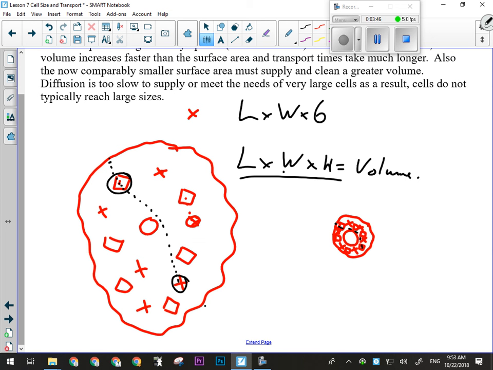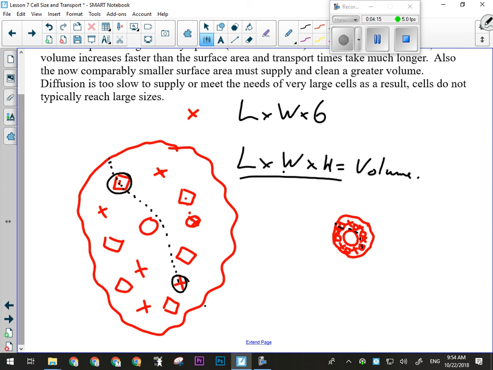If I make something bigger, I only have to multiply essentially two numbers that are bigger. It'll still have the same number of sides. But if I'm looking at its volume, I'm multiplying together three numbers that have gotten bigger. So the volume increases faster than the surface area, and it's the volume through which diffusion has to transport material. So as the volume increases, the effectiveness and speed of diffusion decreases.